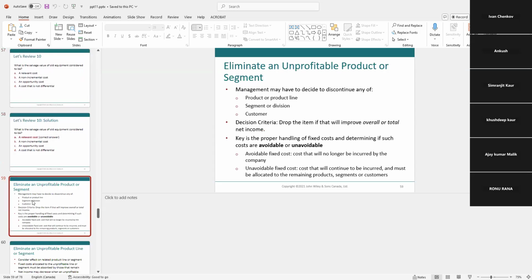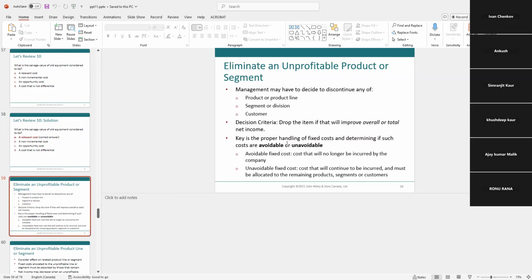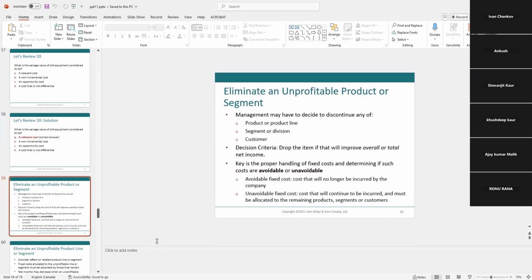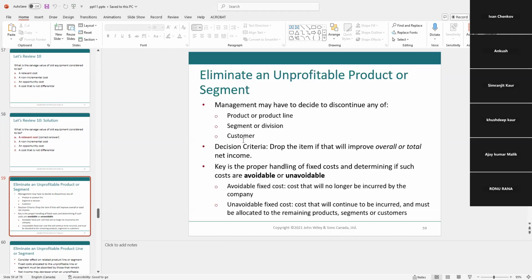So the next decision is whether to sell, eliminate, or keep an unprofitable product. Let's make it a little bit bigger so you can see it. Management sometimes has to make a decision when it makes a discovery.